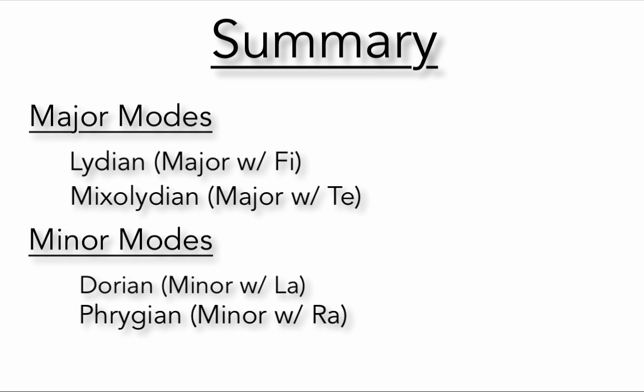In the minor modes, we have Dorian, which is like a minor scale, but with a raised scale degree 6, and Phrygian, which is like a minor scale, but with lowered scale degree 2. It's very useful and convenient to think about these modes as versions of the major or minor collection because it's easy to see in context and it's easier to think about, so you can figure out what that pattern of whole steps and half steps should be.